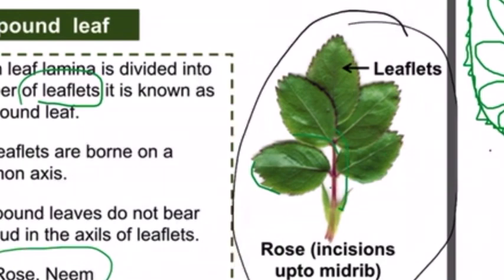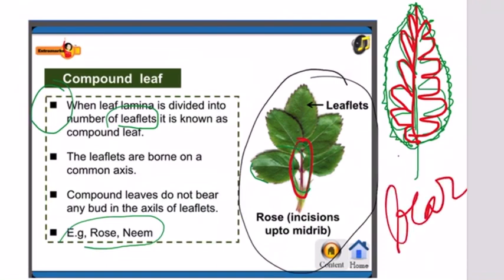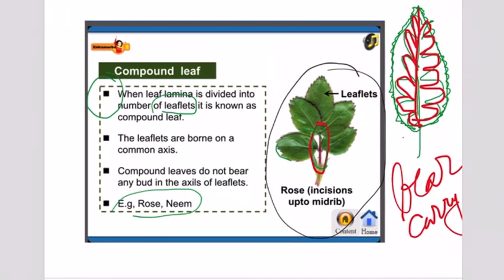In this common axis, the small leaves are borne. Borne is the past participle of bear. Bear means carry. One single axis carries the leaflets, that is, the small leaves.